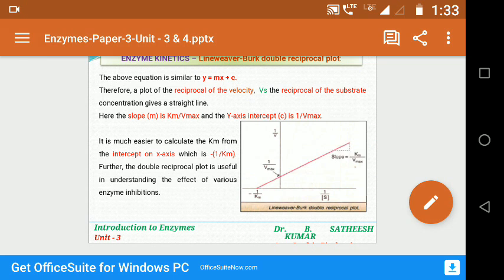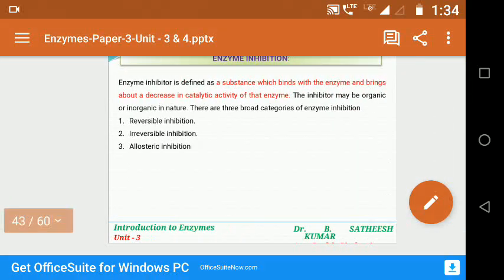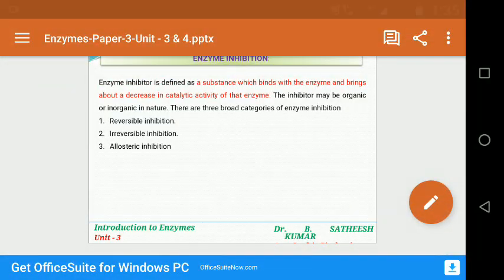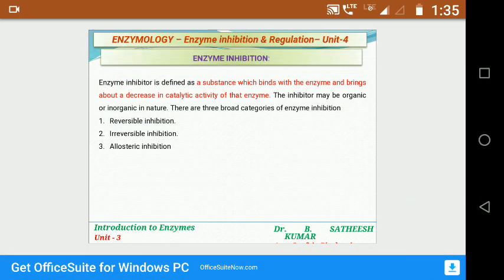So this is called the LB plot, which is used to accurately measure the Km value, and which is also very useful in studying enzyme kinetics and enzyme inhibition as well.